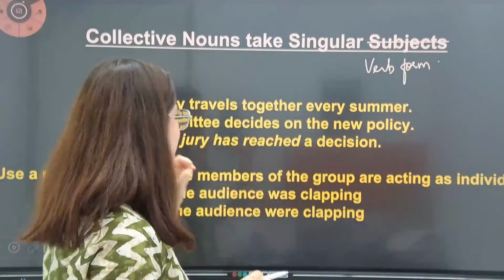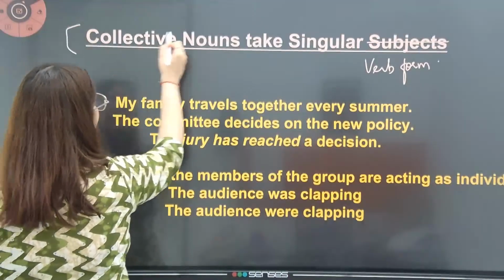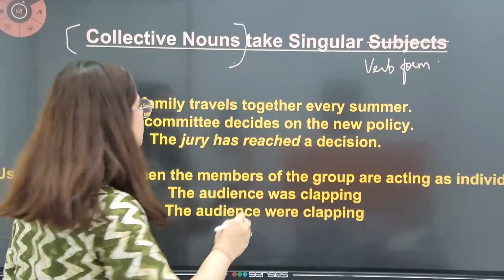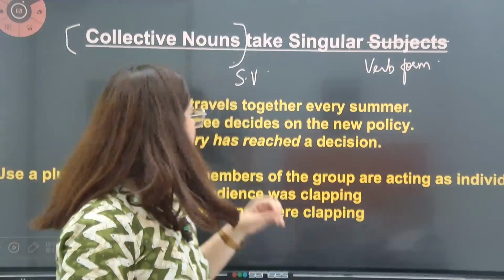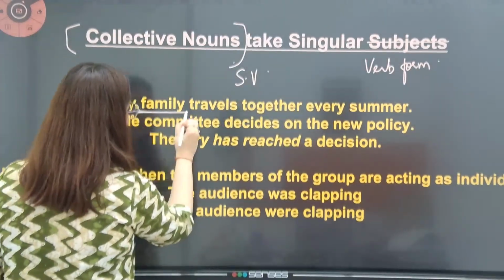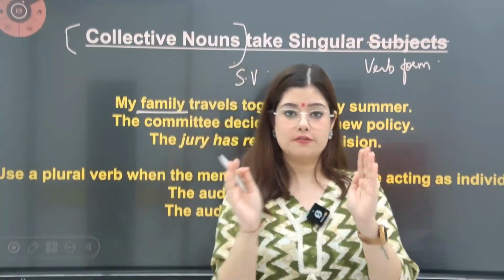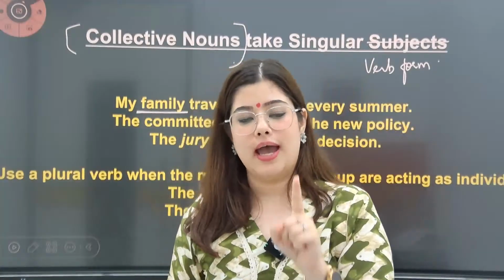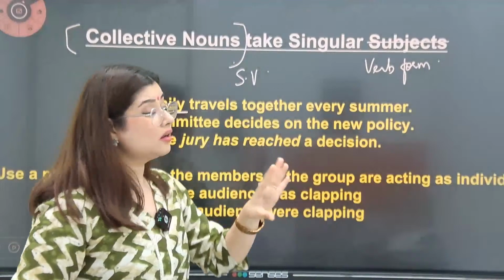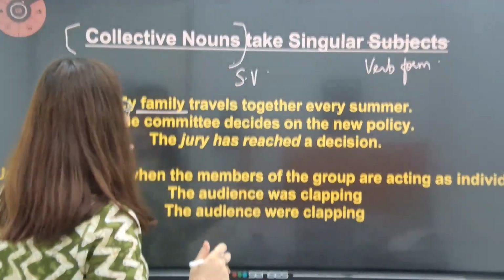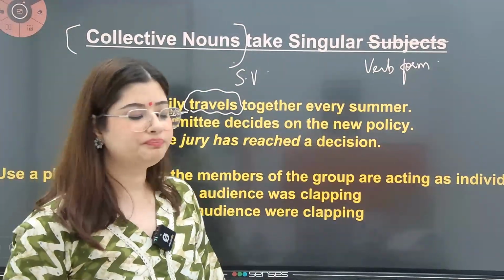So with collective nouns, we tend to use a singular verb form, right? For example, my family. Now, there are obviously many members present in a family, but we'll consider family to be one unit. And because we're considering it to be one singular unit, it has to take a singular verb form. My family travels together every summer.